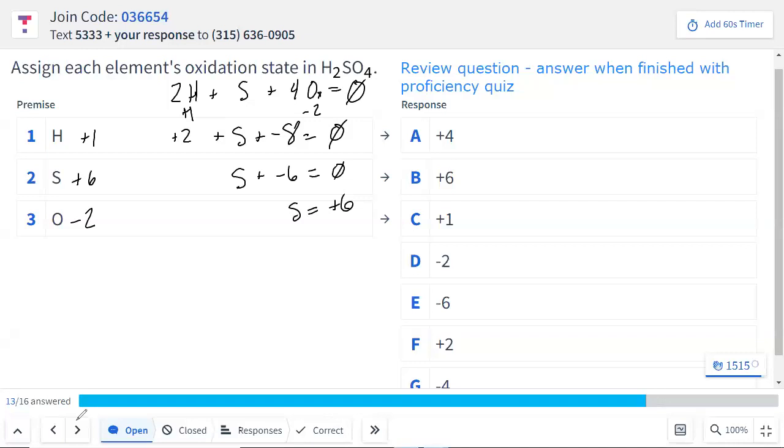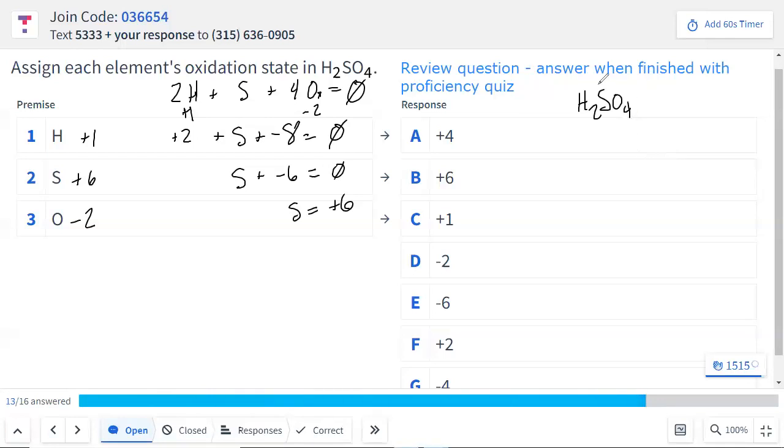Now, another way that you could have taken this is if you recognized, well, you know what? Acids are basically ionic compounds. Because we know that when we put an acid into water and dissolve it, it breaks apart into the hydrogen ion and whatever ions are left.